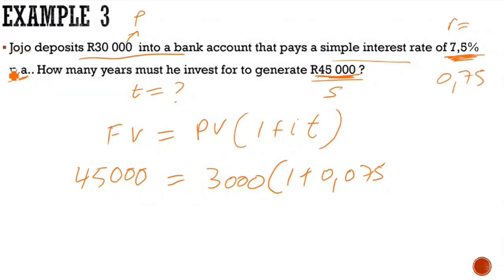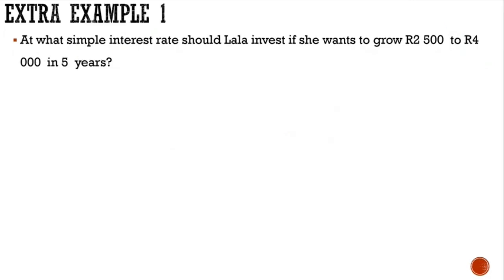Be careful. If ever you are unsure, take 7,5 and plug it into your calculator, divide it by 100 and see that you're going to get 0,075, and then your time, that's what you are looking for. I'm not going to do the full sum because I don't want to spend time on simple interest. I want to spend time on discount and compound interest.